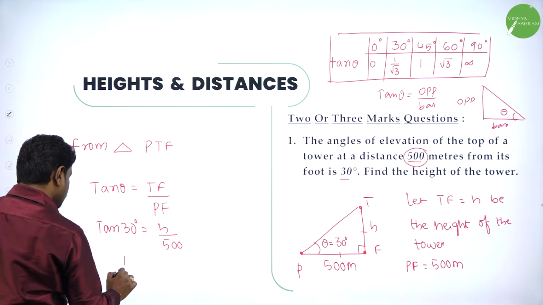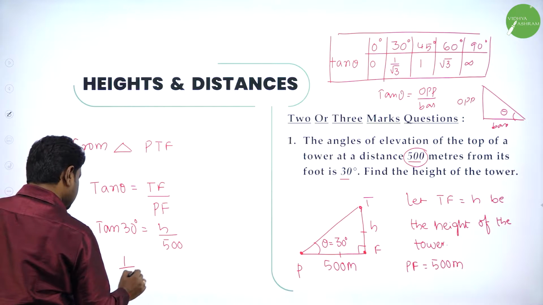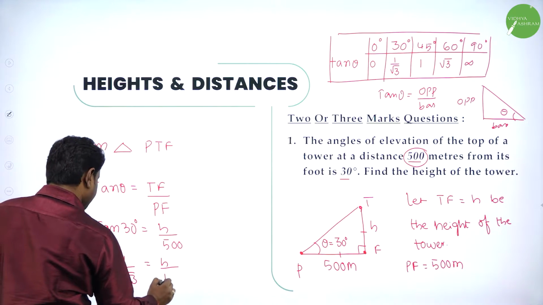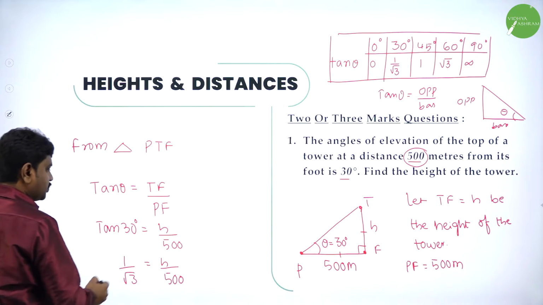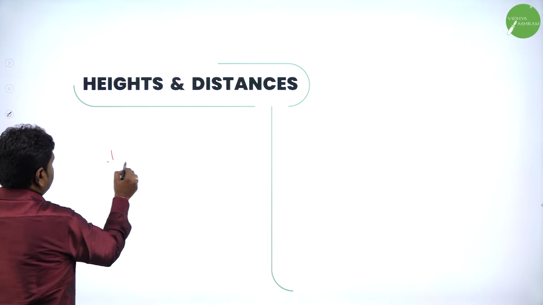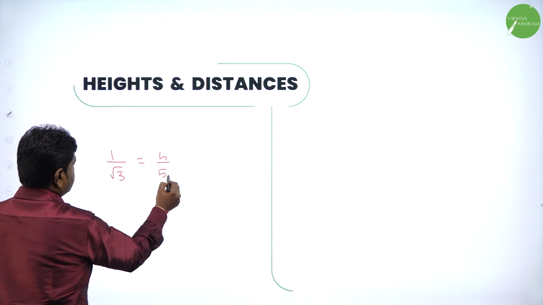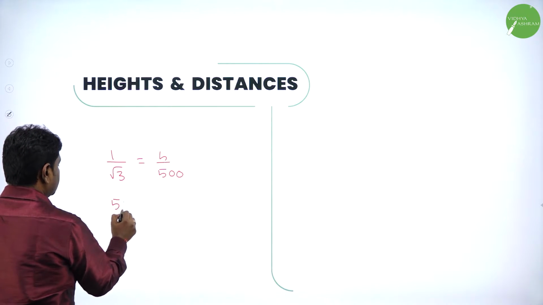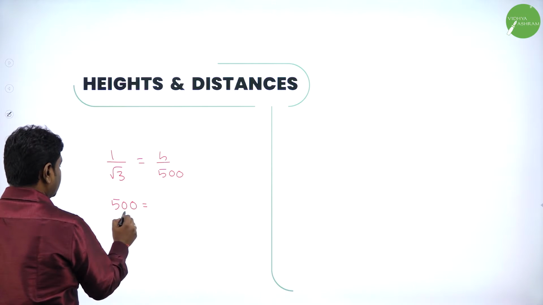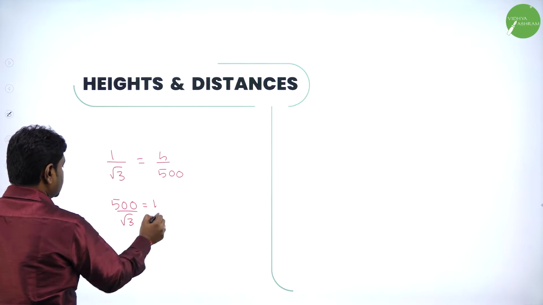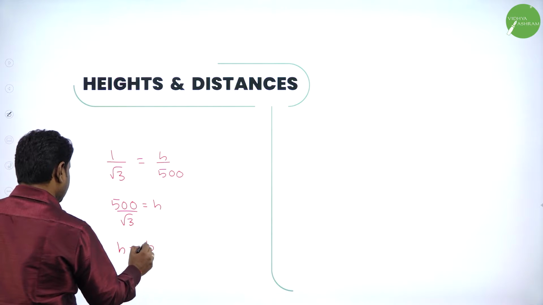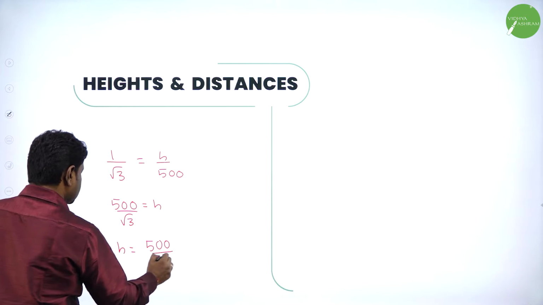So you know tan 30 is 1 by root 3. 1 by root 3 is equal to h by 500. Cross multiply. So if you cross multiply, 500 by root 3 is equal to h. So you got height of the tower. What is the height of the tower? 500 by root 3 meters.